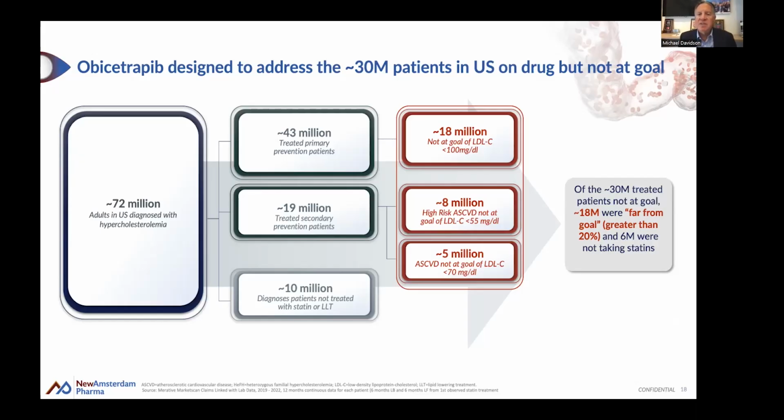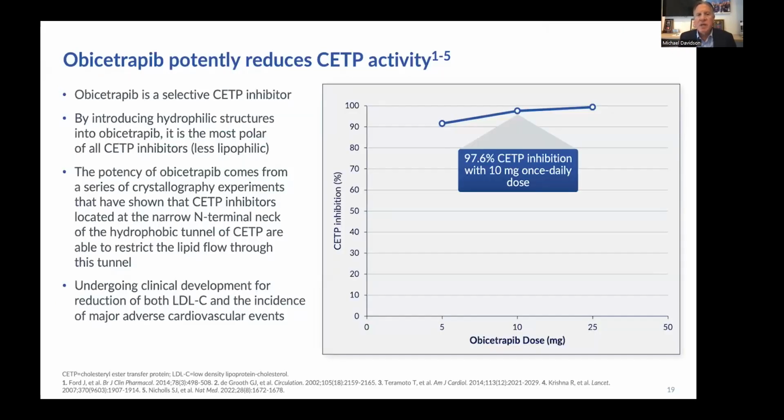Now, with the ACC 2022 expert report going back to 55 LDL as a target for very high-risk patients, we're starting to see growth again in statins and non-statin therapy to address this unmet medical need. So we think the market is improving. We hope that will translate into better goal achievement for patients, especially when a drug like obicetrapib comes to market in the next few years.